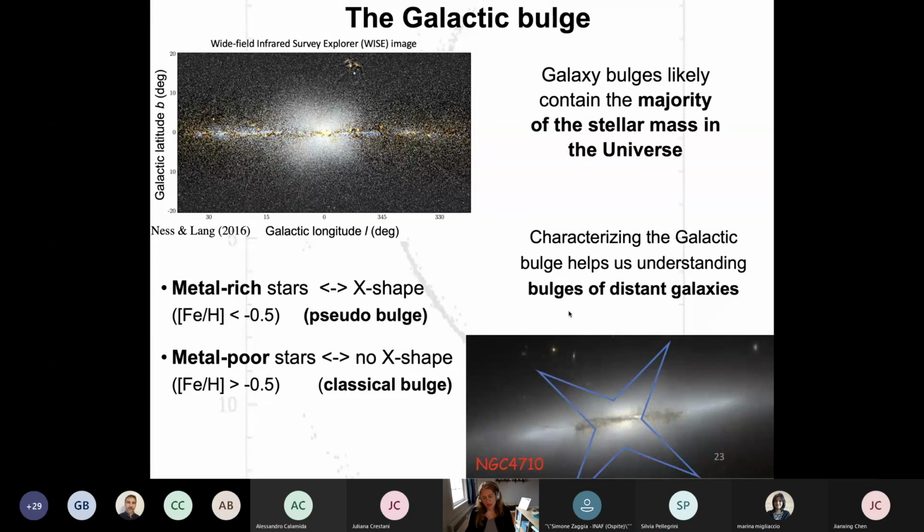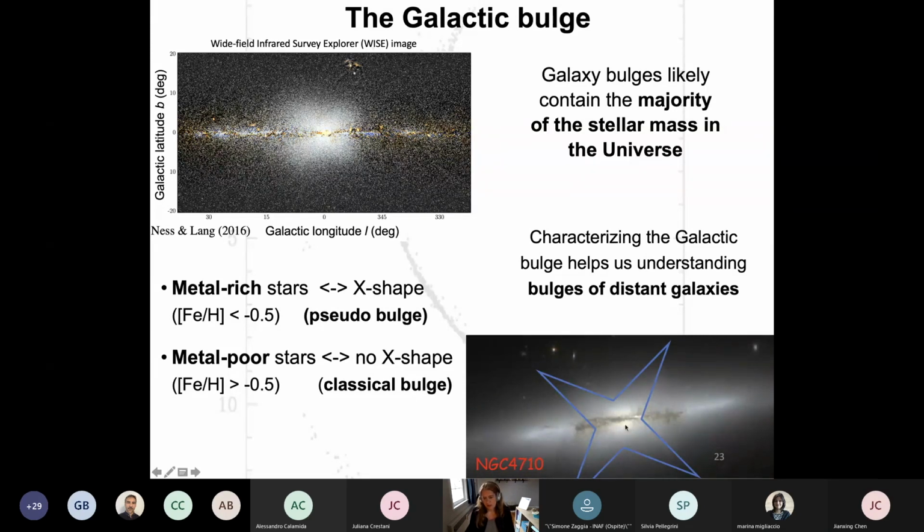So characterizing the Milky Way bulge will also help us in understanding the bulges of farther away galaxies. And this is a WISE image in the infrared of the galaxies, and this image actually confirmed that our bulge also has an X shape, like it was found from photometric studies before.